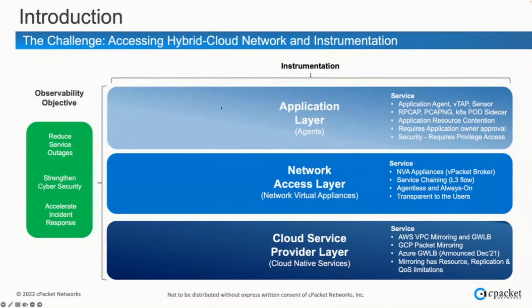So the way we look at it, or broken it down here, is into layers, right? Of what can you do instrumentation-wise in these environments. So if I start at the top there, in the application layer, so there's application agents, virtual taps, you'll hear sensors, containers that you can provide into your production environments.